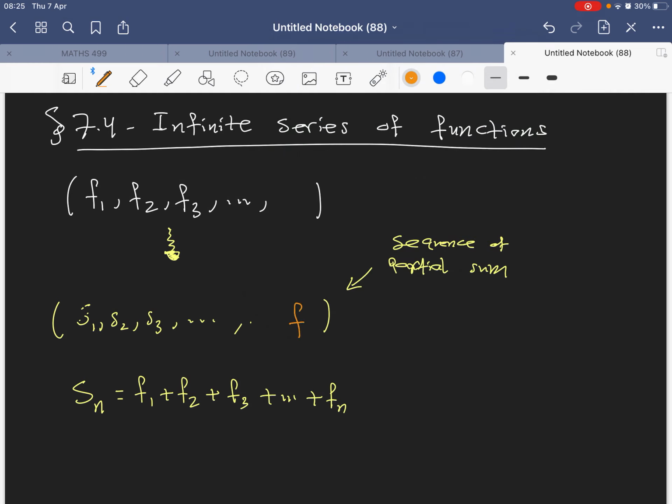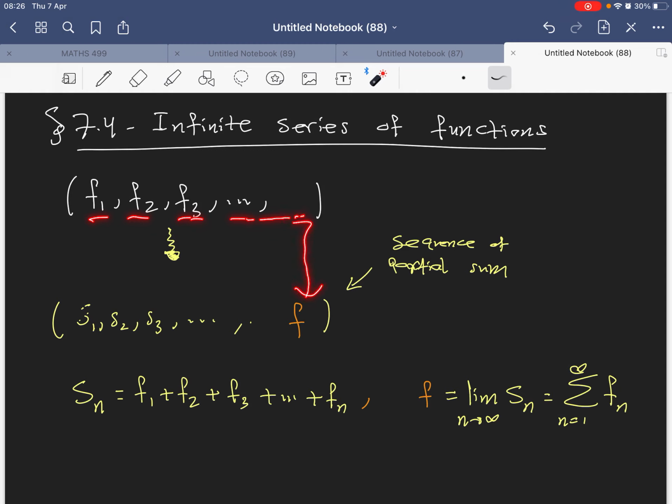Now, what is f? f is just the limit of Sn as n goes to infinity, or it is just the sum from 1 to infinity of fn. Which means if we sum all those functions, we will get a function which we call f.